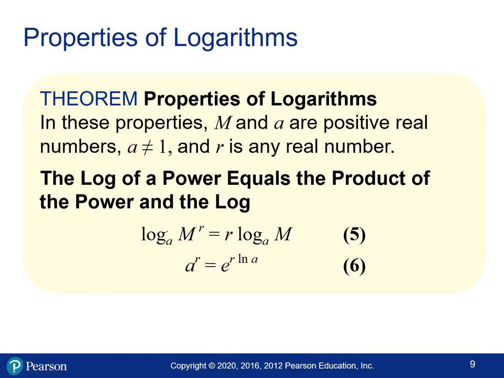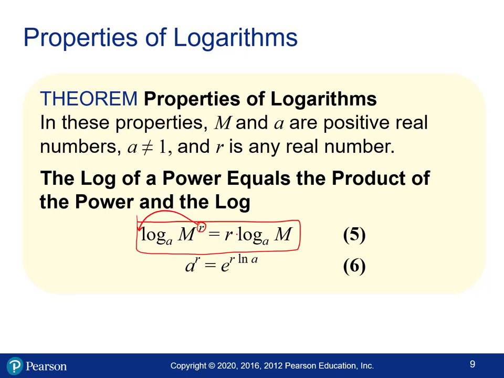All right, one more property here that we're going to use, and then we'll look at some examples. So this one is the log of a power equals the product of the power and the log. All right, so two versions of this. So look at the first one. We have log base a of m to the r. What you can do is take this exponent on your argument, and you could think of it as bringing it out to the front.